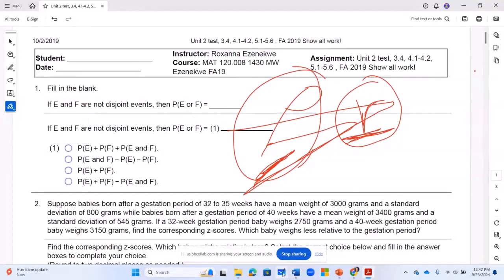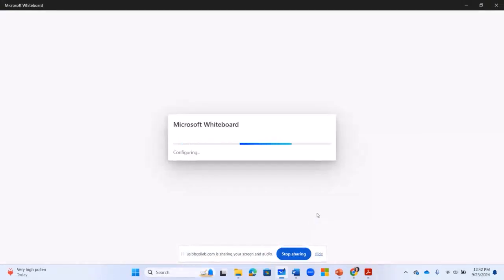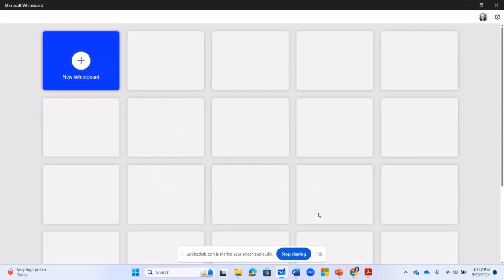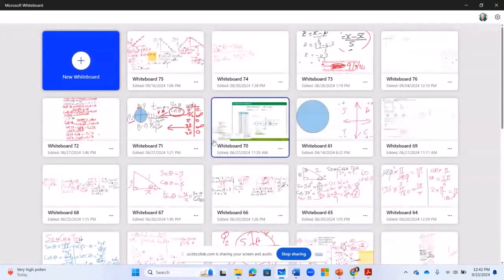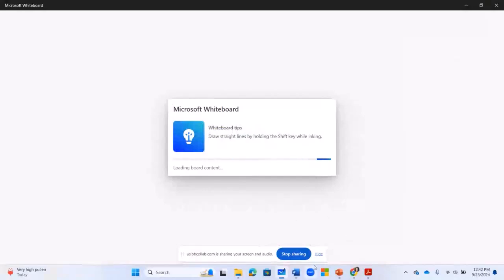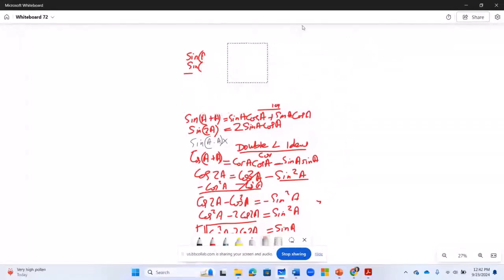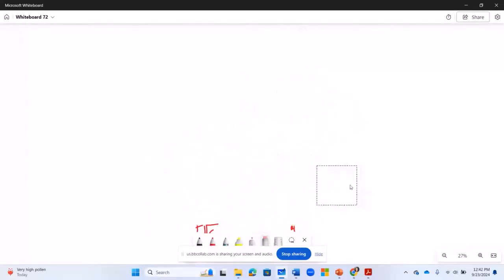I'll go and do something else I used to do, get my whiteboard. So I get a whiteboard and see how that one goes. Let's get to the whiteboard, and I'm going to clean the whiteboard. Hopefully the whiteboard is going to work today.